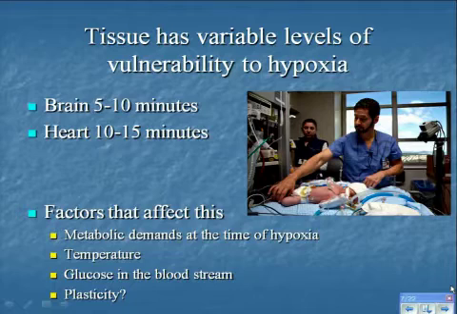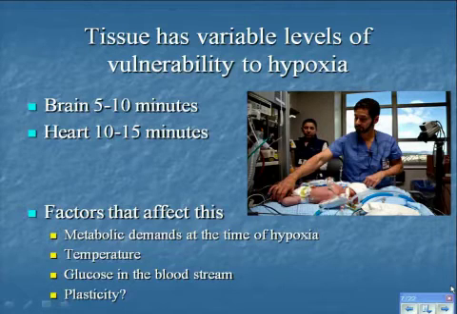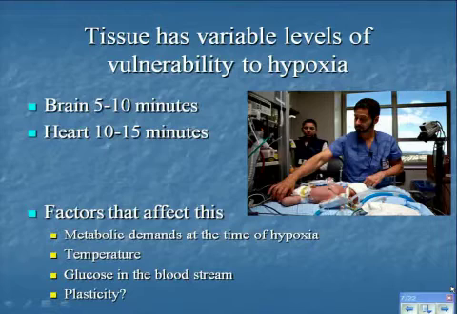So a lot of people started asking, what is it that's happening? And initially it was thought the answer was that collateral blood flow to the heart is improved. And clinically you don't see that. You don't see a new coronary developing in these individuals. So that's not the case. What's happening is that at the cellular level, the tissue is actually changing its environment internally.